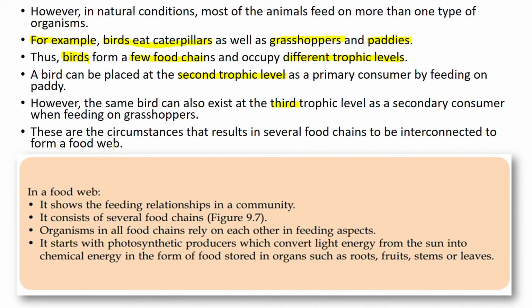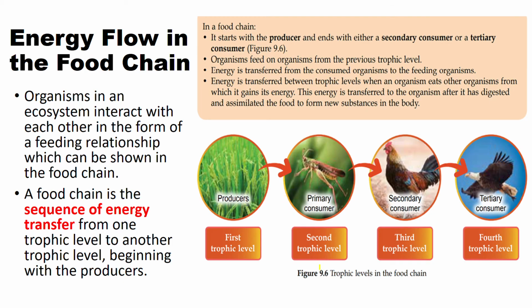So these are the circumstances that result in several food chains, yang kita sebut sebagai beberapa rantai makanan, that are interconnected. Yang akhirnya akan membentuk apa yang kita panggil sebagai siratan makanan ataupun the food web. Okay, recall, this is first trophic level, second, third, and fourth.